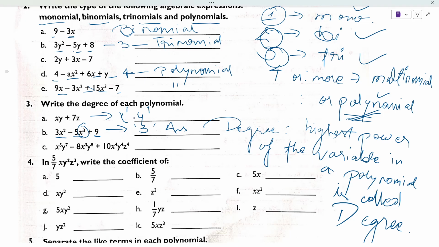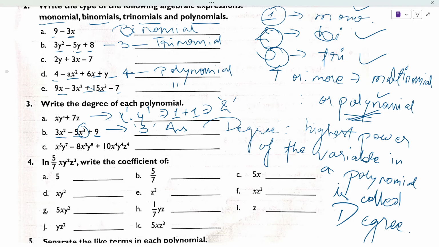So in such a scenario where a combination of variables is there, we need to sum up the powers. So to define its degree, the power of x is 1, the power of y is 1. So in all, the first term has collectively the power 2.